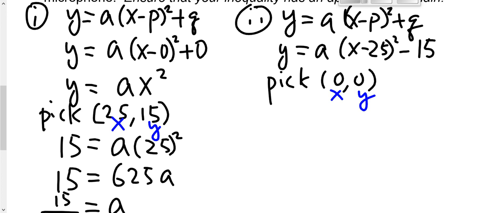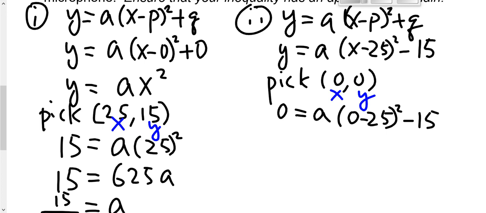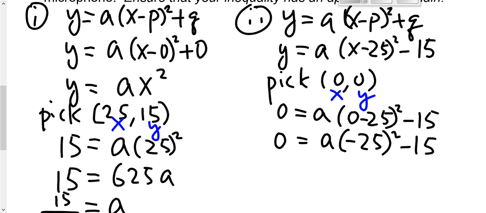So just plug x and y here. 0 is a times 0 minus 25 squared minus 15. So keep going to simplify this. So a times negative 25 squared minus 15. So you can move the 15 to the left hand side, so that gives you 15.